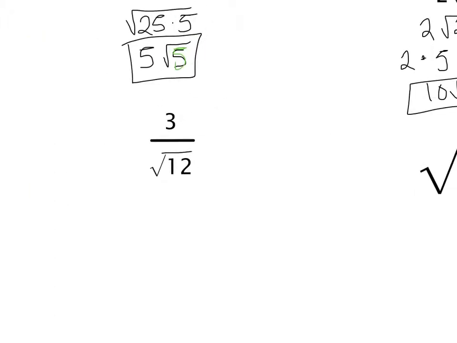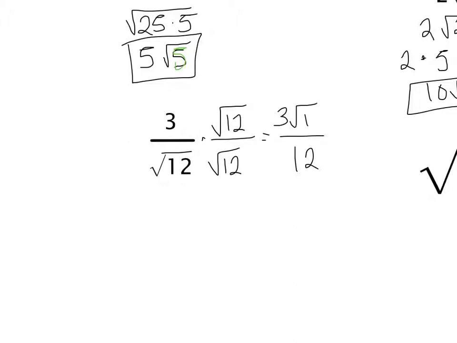Alright, still chugging along. This square root of 12 cannot be on the bottom. That does not give us simplest form, so I'm going to multiply by 1. But I'm going to multiply it in a way so that it gets rid of that square root. Square root of 12 times the square root of 12 is just going to give you that under number, that 12.